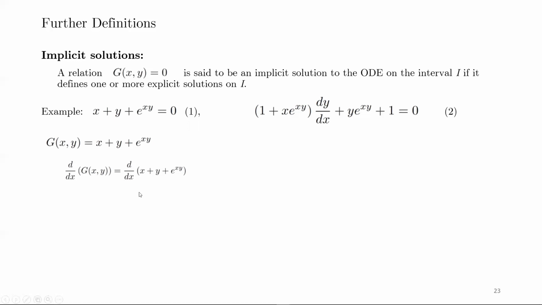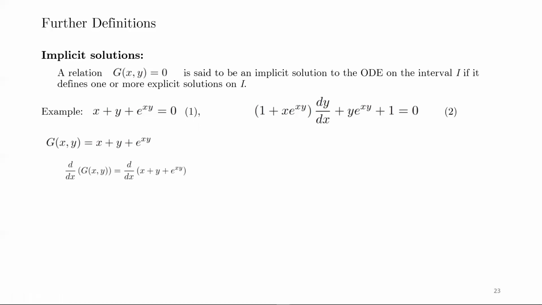So, term by term, d by dx of x is just 1, because x is a polynomial of order 1. The derivative of y with respect to x just becomes dy by dx, right? This last term here is a little bit trickier because we have to use the chain and product rules.